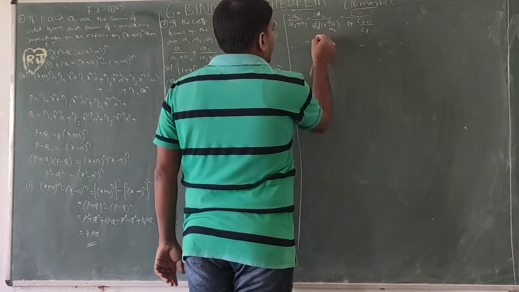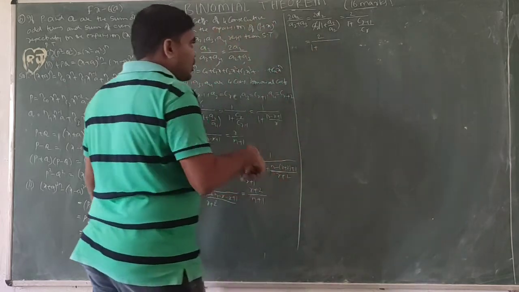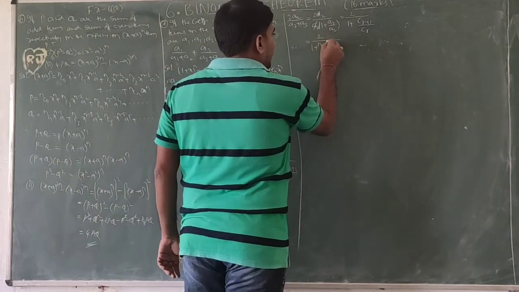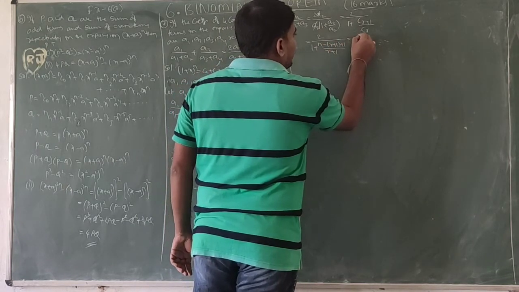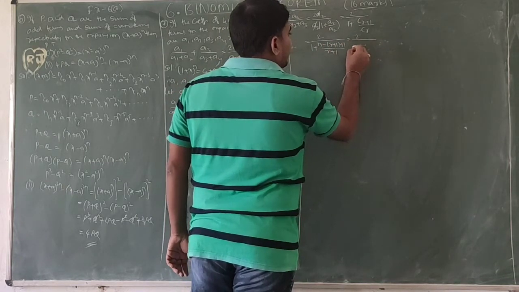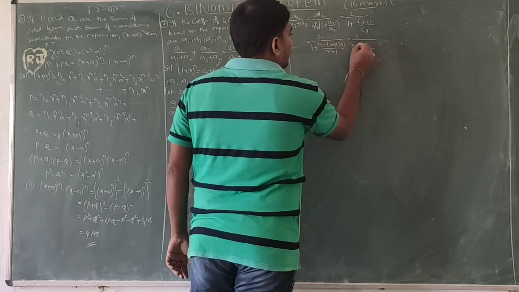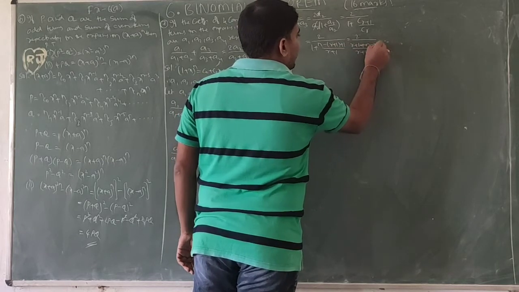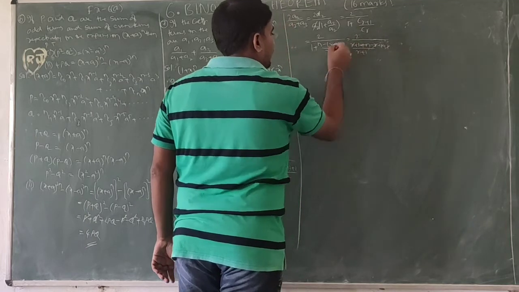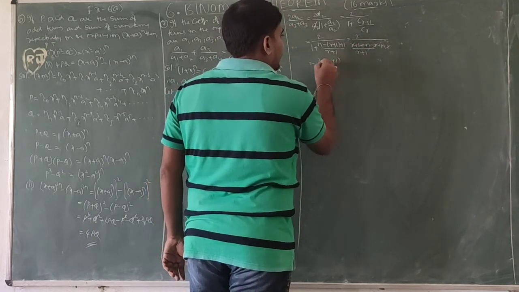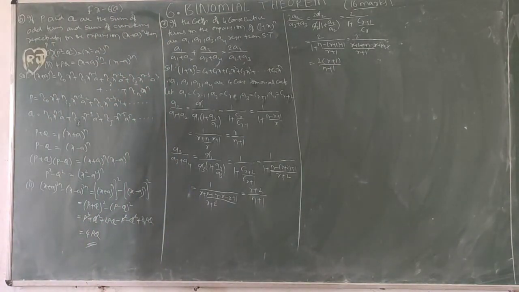So equal to 2 by 1 plus cr plus 1, n minus of r plus 1 plus 1 by r plus 1, which is equal to 2 by r plus 1 into 1, r plus 1 plus n minus r minus 1 plus 1 cancel, r cancel. This comes to numerator 2 of r plus 1 by n plus 1. That is 2a2 by a2 plus a3.